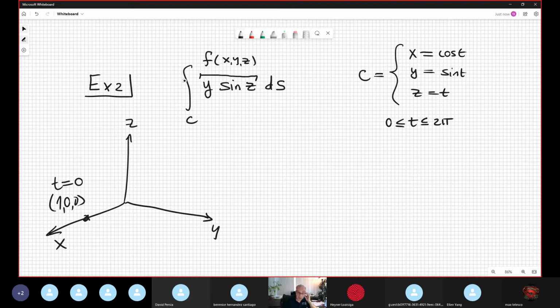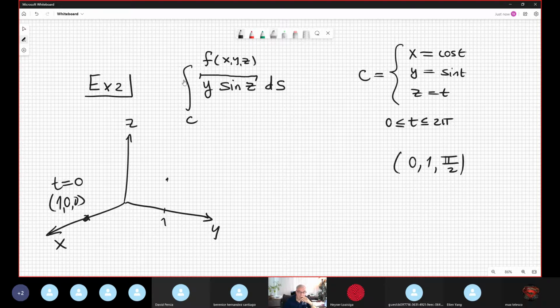So I include this at t equals pi. The point is 0, 1, pi over 2. And you plot that point: 0 on x, 1 on y, and pi over 2 on z, approximately 1.57 something.